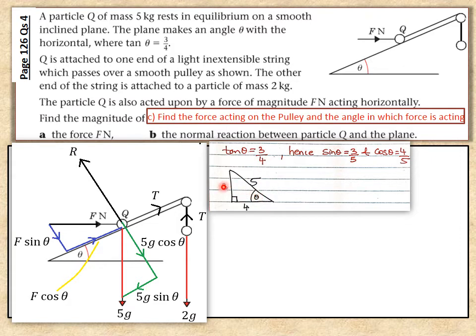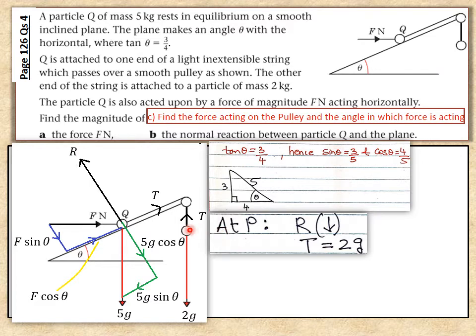So this is theta, and Pythagoras theorem will give you 5. So sine is opposite over hypotenuse, 3/5, and cos is 4/5. In place of sine theta, we'll use 3/5 as an exact value instead of taking the decimal angle. Let us start.